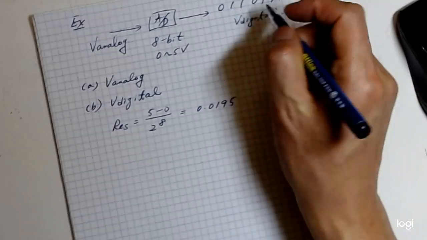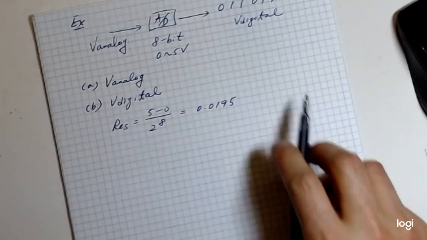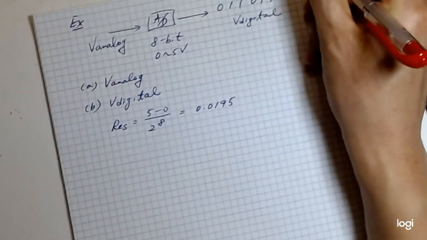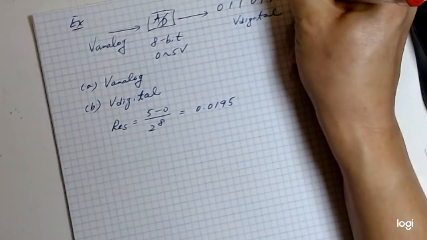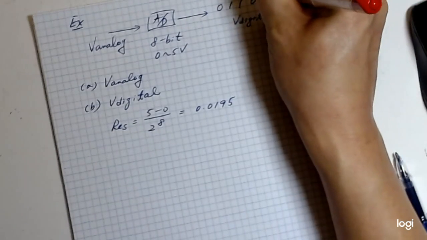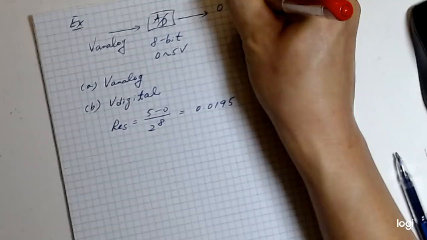Okay, so from this one we know the step. We can find how many steps. So this is 0's power 1, 2, 3, 4, 5, 6, 7.